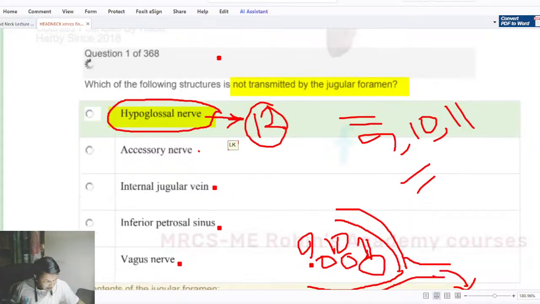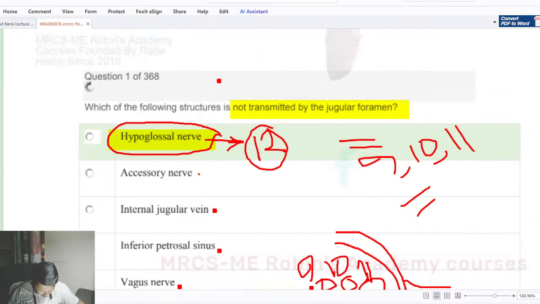Okay, correct. So this is the example of the first question. Any one of you can read? Which of the following structures is not transmitted by the jugular foramen? So jugular foramen. When you get this jugular foramen, I used to do it like this: GVA, 9, 10, 11.